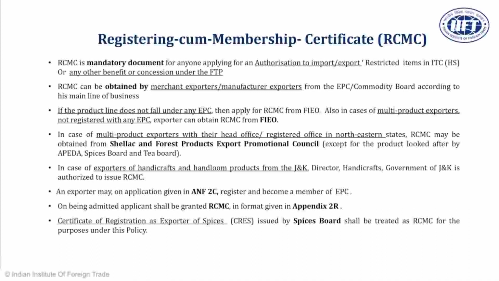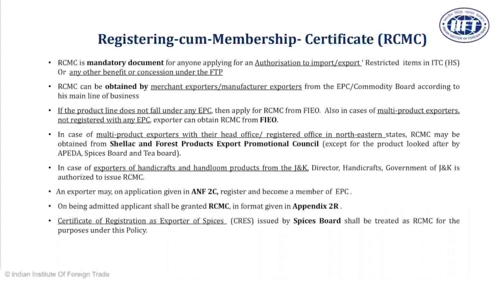They are registering you, the exporter, as member and issuing their RCMCs. This registration cum membership certificate is an essential document for obtaining any benefit or concession under the foreign trade policy. It is also necessary if you are seeking a permission for export of restricted goods.